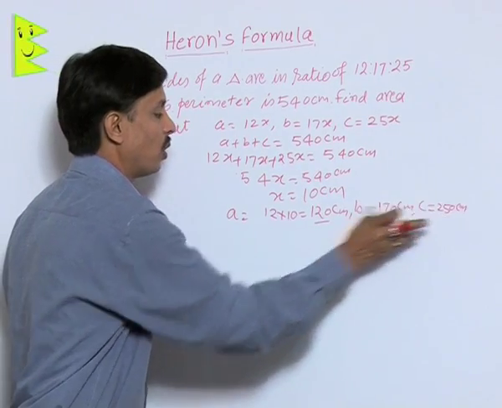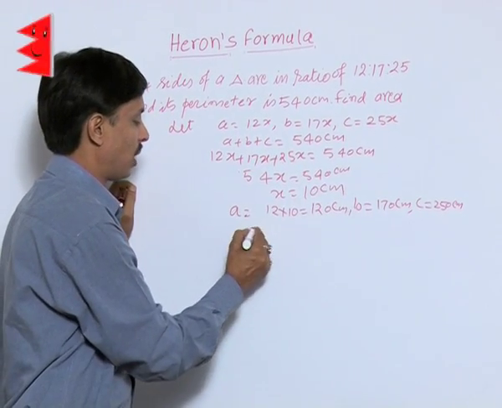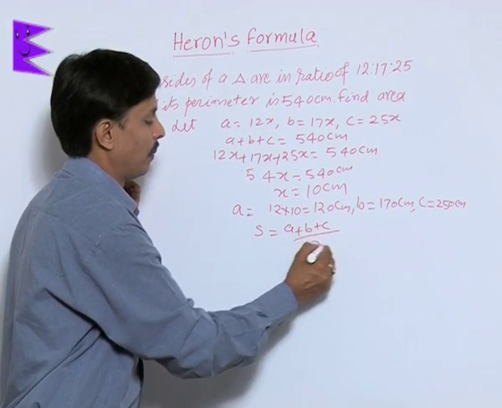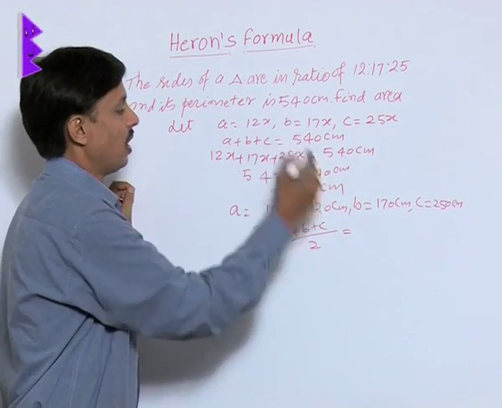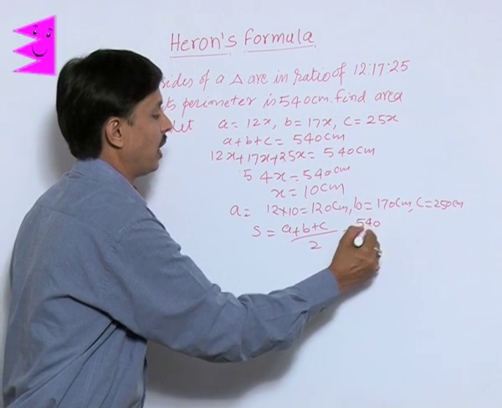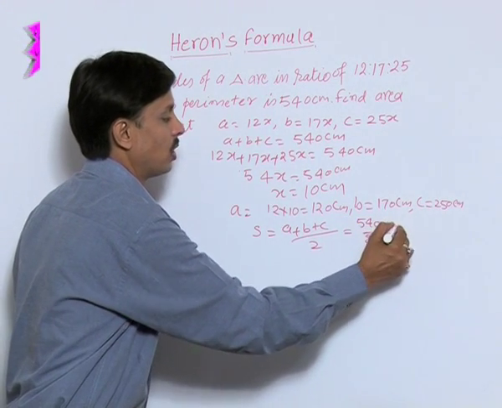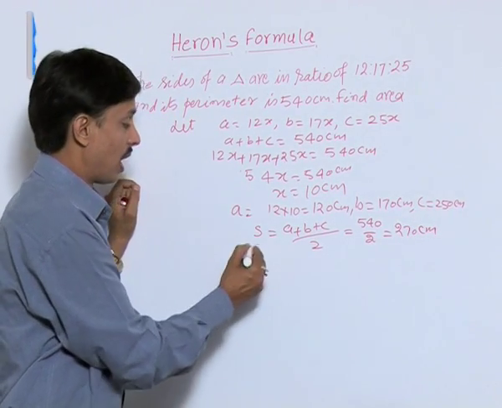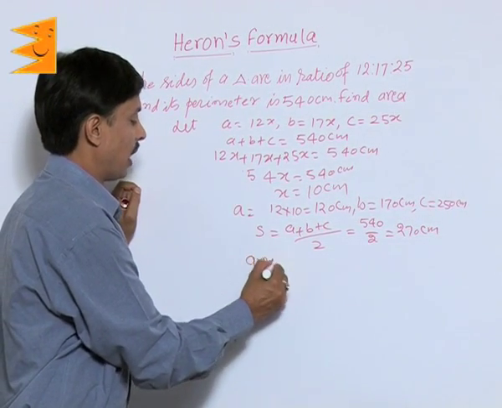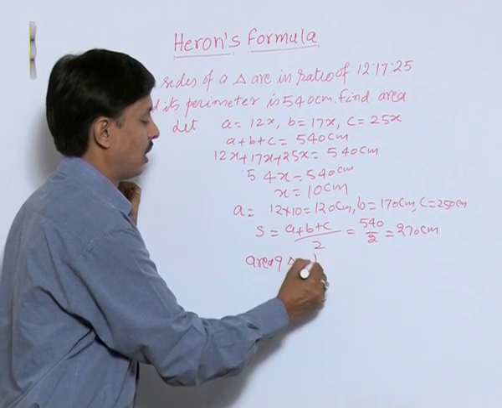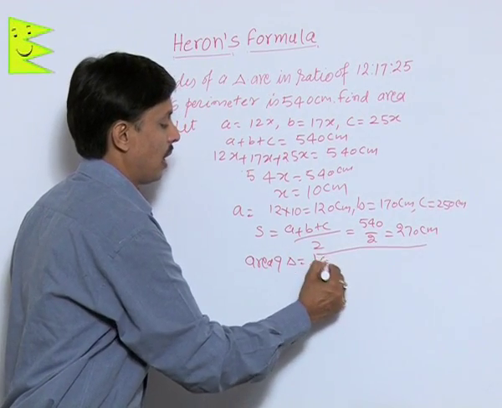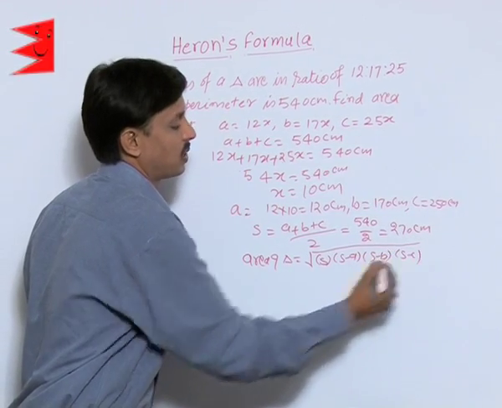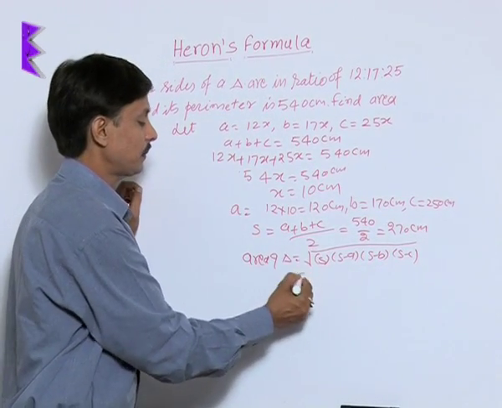So what we need to do? We need to apply the Heron's formula. For that, S is equals to semi-perimeter (A plus B plus C) upon 2. That is already given, 540 upon 2. This become 270 centimeter. Now apply the formula, that is area of triangle is equals to root of S into (S minus A) (S minus B) (S minus C).